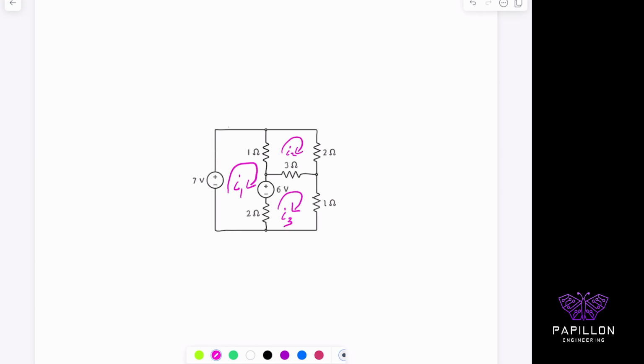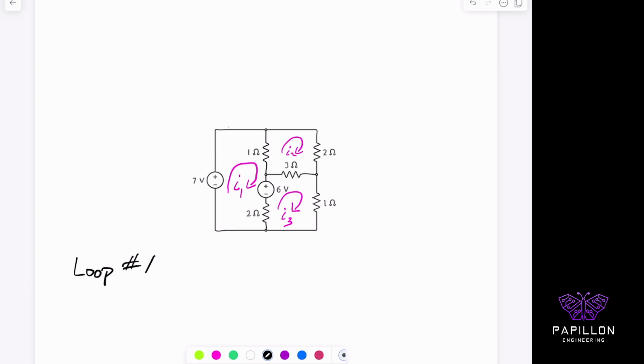And I'll do what I did before, which is write down the equations for each of those loops. And the idea after that is then I'll solve, okay? So let's go through each loop and see how we get that. So our first one, give it a name, of course.